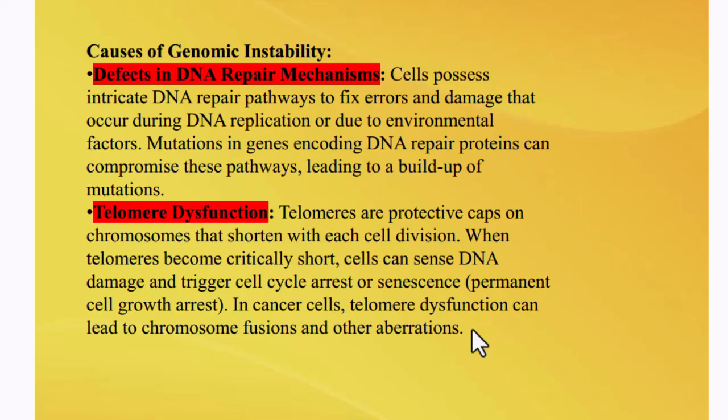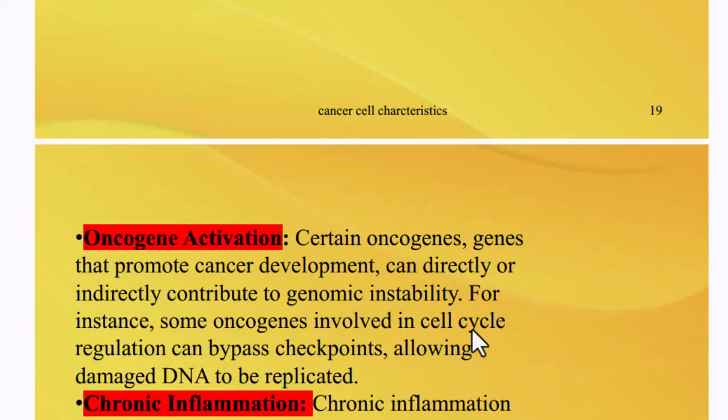Telomere dysfunction. Telomeres are protective caps on the chromosome that shorten with each cell division. When telomeres become critically short, the cell can sense DNA damage and trigger cell cycle arrest or senescence, permanent cell growth arrest. In cancer cells, telomere dysfunction can lead to chromosome fusion and other aberrations.